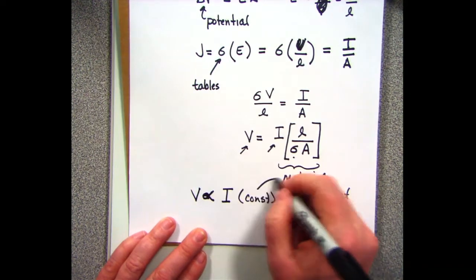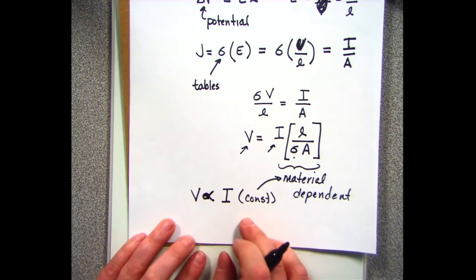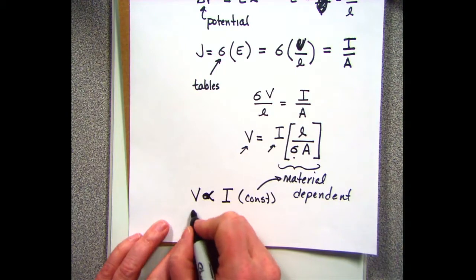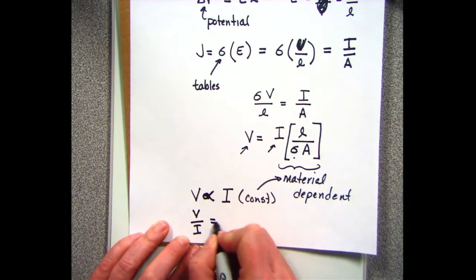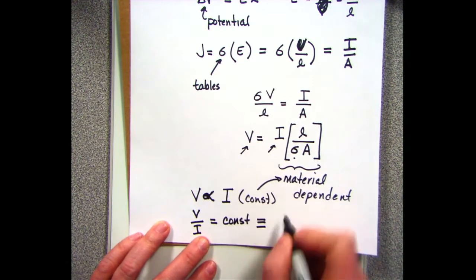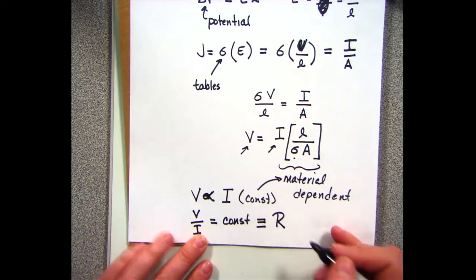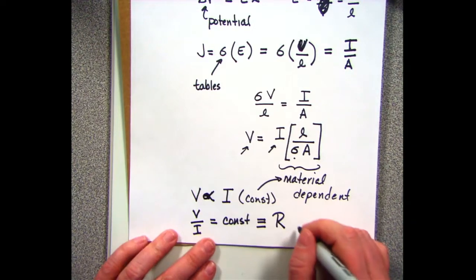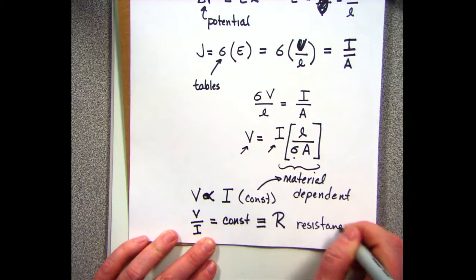I can define that constant with an R, and this is resistance. So we've gone from current density to resistance.